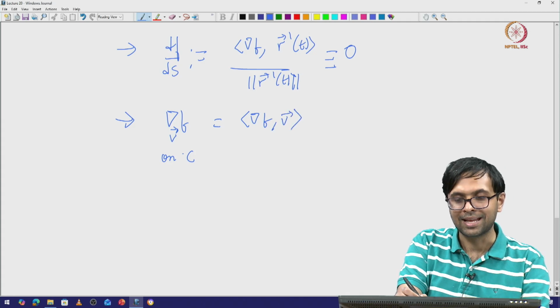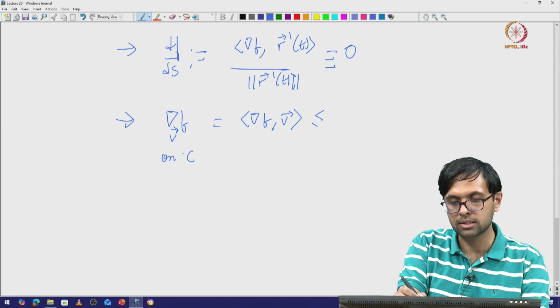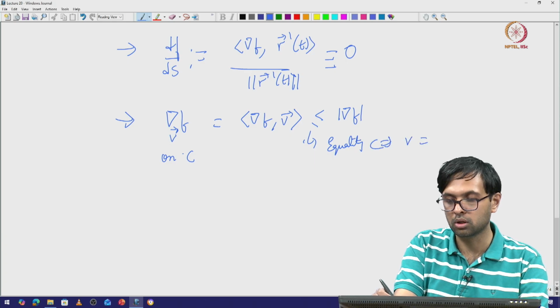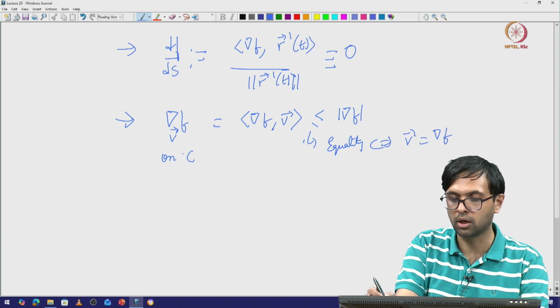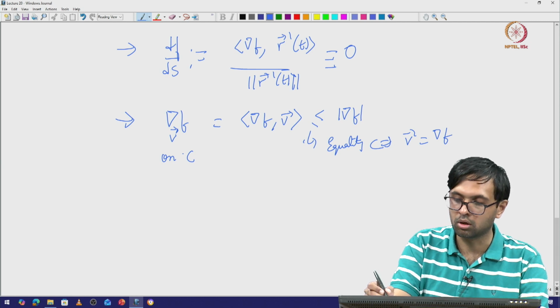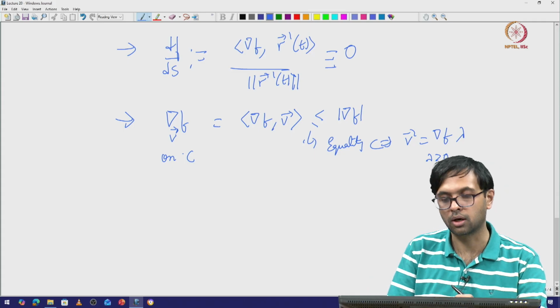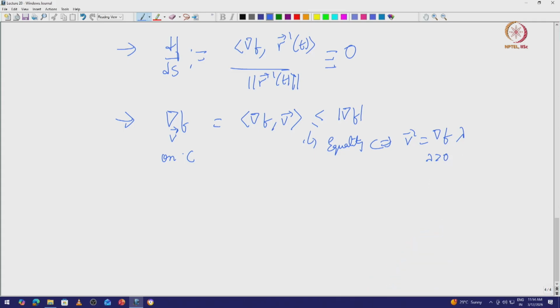right? This is less than or equal to the gradient of f, with equality if and only if v equals the gradient of f times lambda, where lambda is positive, right? This was the Cauchy-Schwarz inequality, right?